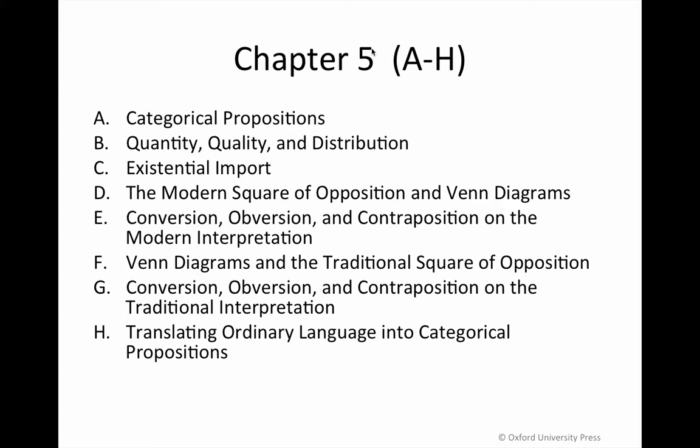The big picture in terms of D through G is the two interpretations of the universal proposition, namely the modern and the traditional.